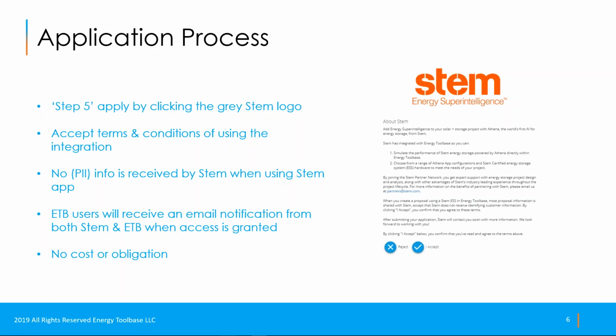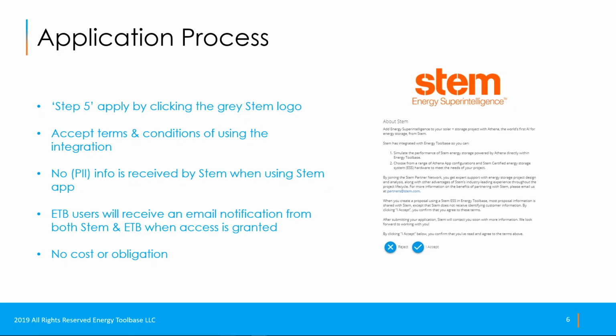On the initial sign up, you're going to see the pop-up window that outlines the terms and conditions of the integration. One item we want to clarify is, there is language here that says you as the Energy Toolbase user are consenting to share data from your project with STEM. But we want to point out that there is no PII.